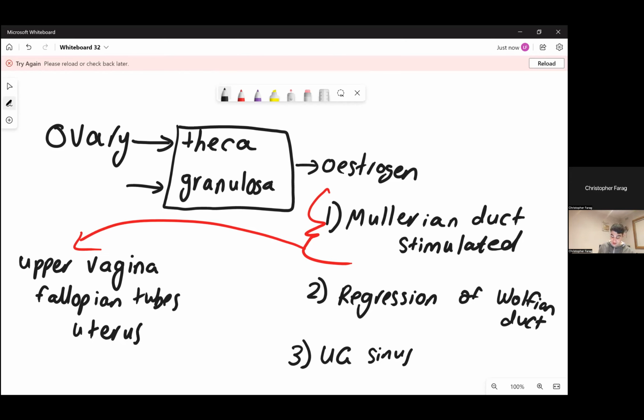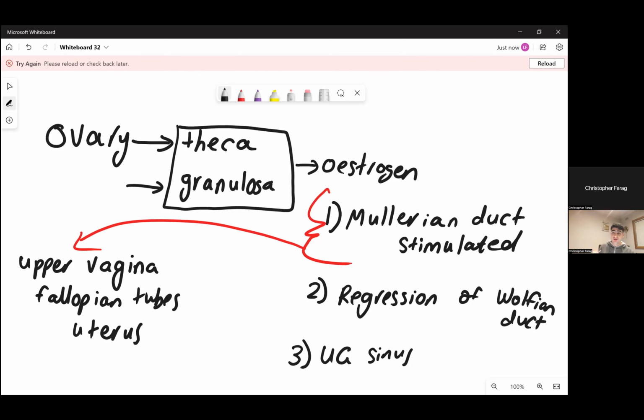Okay. And noting again, just quickly, we said the lower vagina is going to come from the urogenital sinus. Okay, so how has this happened? We said low SRY, high DAX1, we've formed our ovaries. Our ovaries have our theca and our granulosa cells. They produce estrogen. And then we have regression of one duct and differentiation of the other.